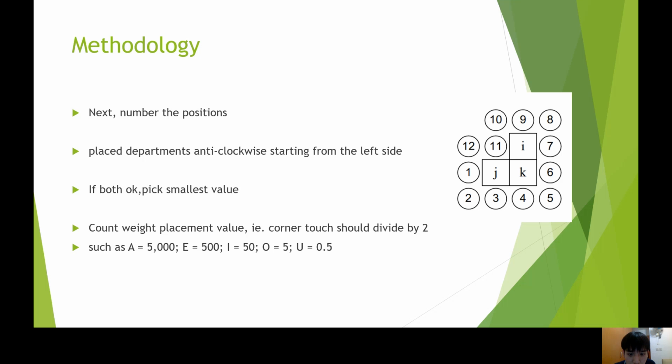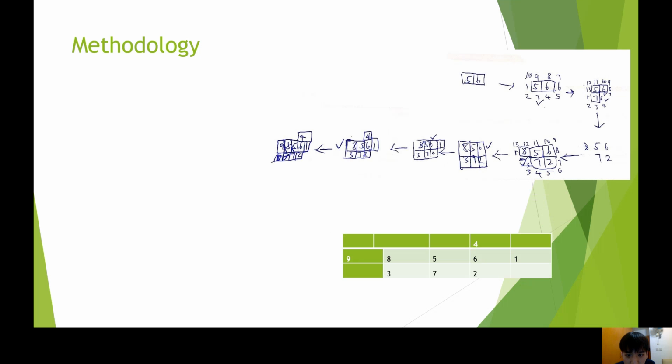So in this case, we can see that if 3 is the optimal value and 4 is the optimal value, with 5 we should again see which has the higher relationship with 5 and which has a smaller positioning value, so that we can eventually find out the layout like this.